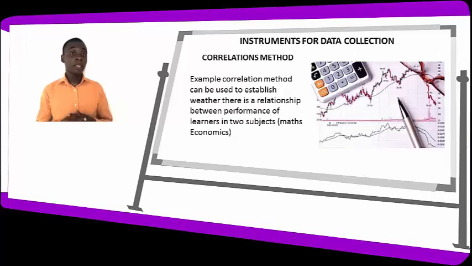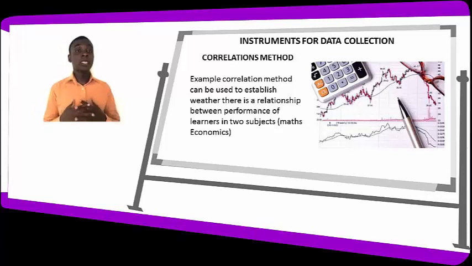Example, correlation method can be used to establish whether there is a relationship between the performance of learners in two subjects, say maths and economics.